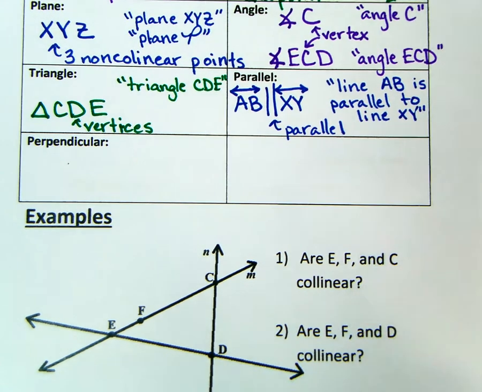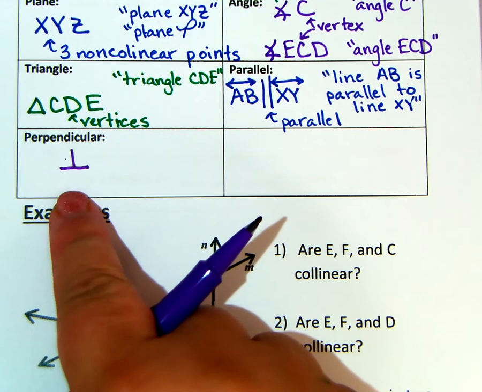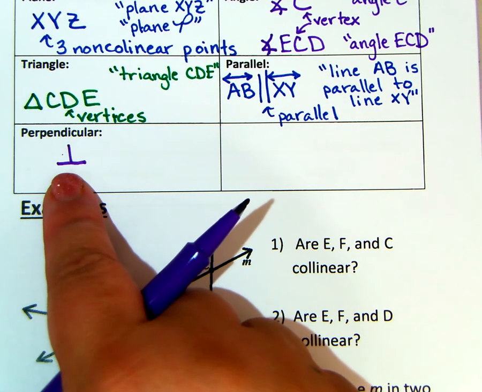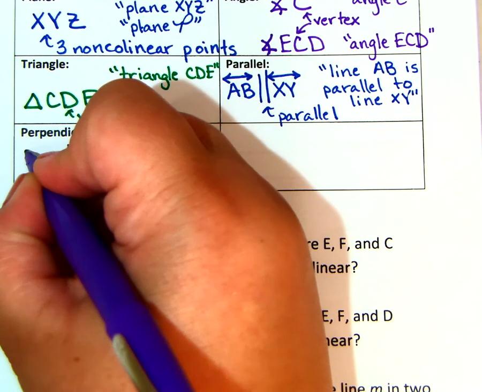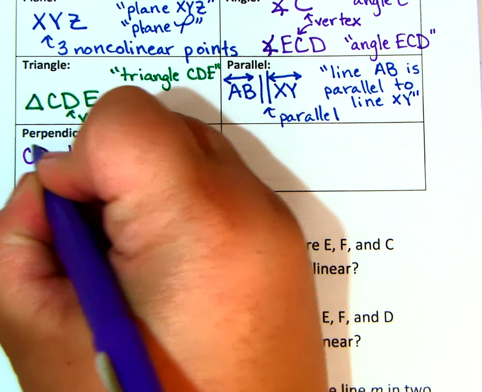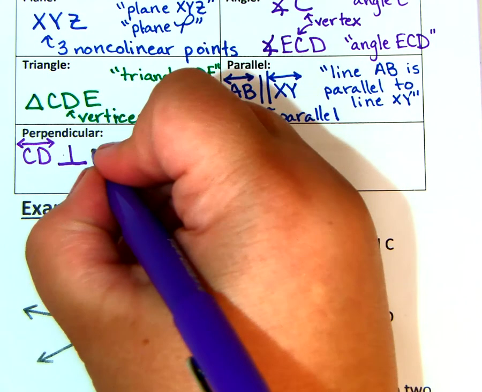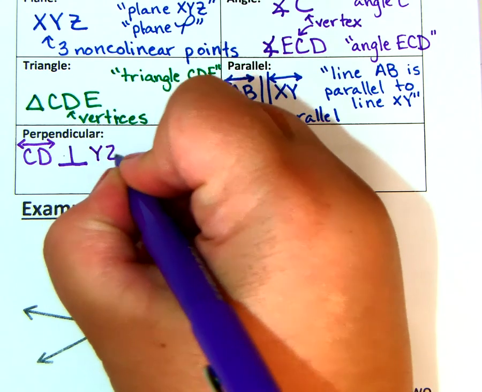Similarly, for perpendicular, you start by drawing the perpendicular symbol. So it's an upside down capital T, or it's two perpendicular segments. And so you would say perpendicular. So let's do line CD is perpendicular to line YZ.